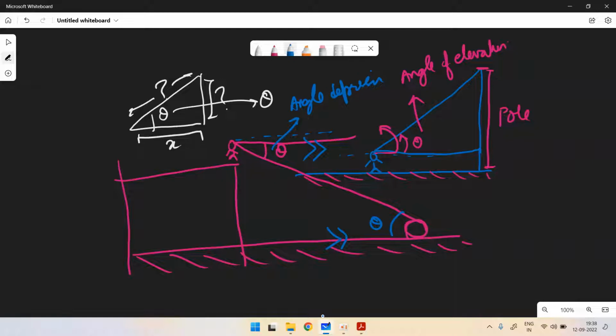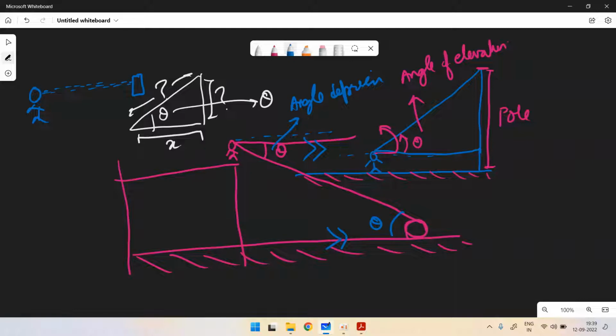So this is the basic: angle of elevation and angle of depression. And the object which is directly in your sight, right? This is you, and they are seeing some object in a straight line.